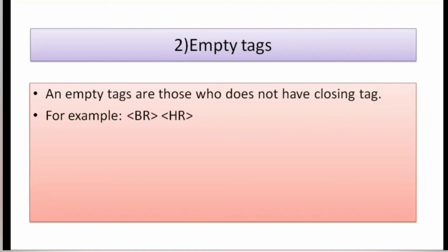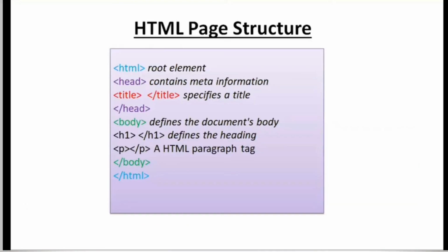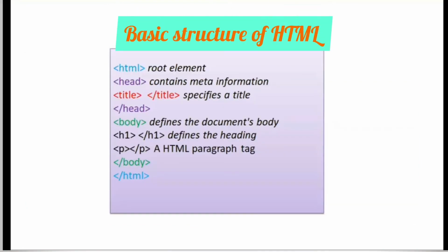Now let's see the HTML page structure. Here on your screen at the top, you are going to write the HTML tag, that is the root element. Next, you will write the head tag, which contains the meta information. Then you will write the title tag, which is a container tag. Then you will close the head tag. After that, write the body tag.